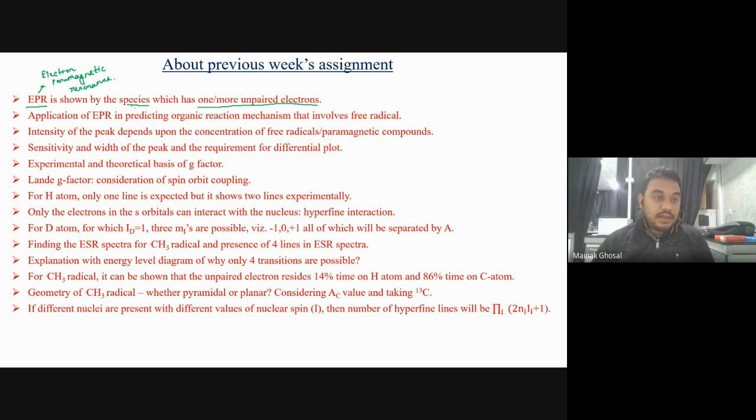And then the application of EPR in predicting organic reactions involving free radicals was also discussed. Why? Because in some organic reactions, like the Reimer-Tiemann reaction, it goes through an intermediate which is like this one, CCl2 dot, dichlorocarbene.